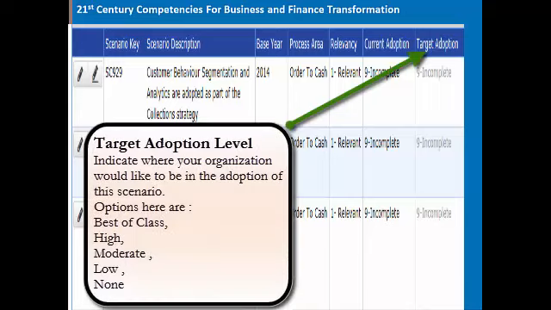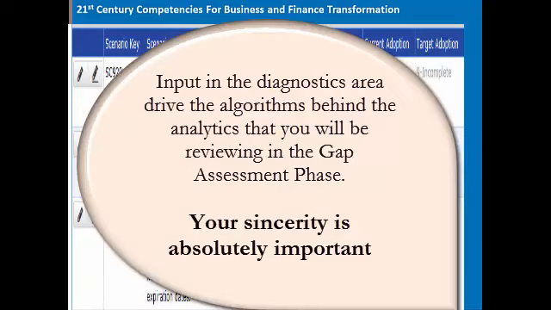This is going to be whether you want this to be a best of class or simply good enough, let's say, in order to get by within your organization. You are going to fill in these columns for each one of the scenario descriptions.